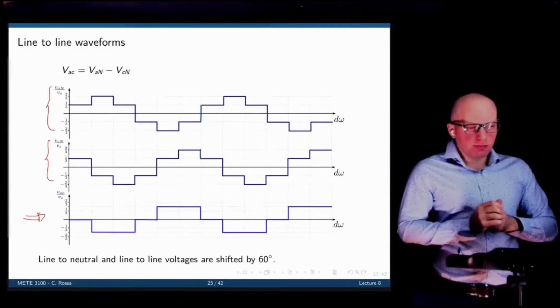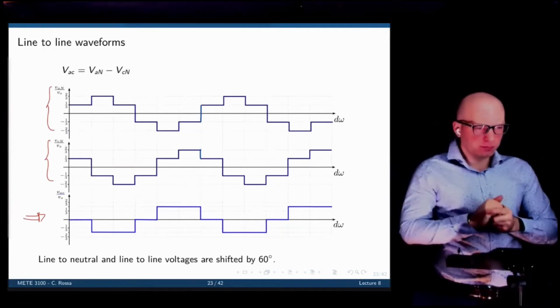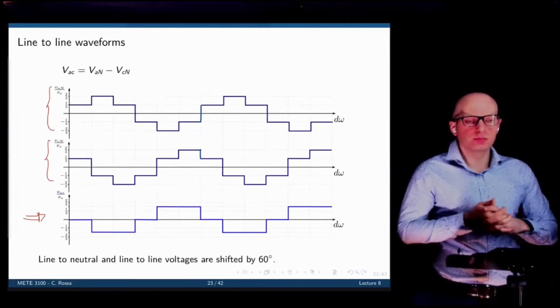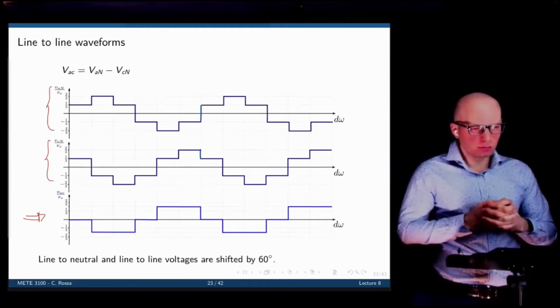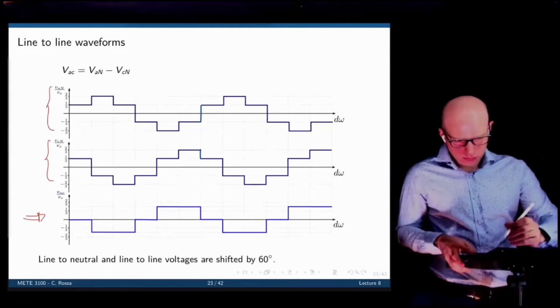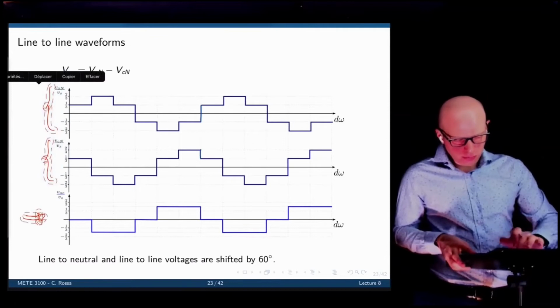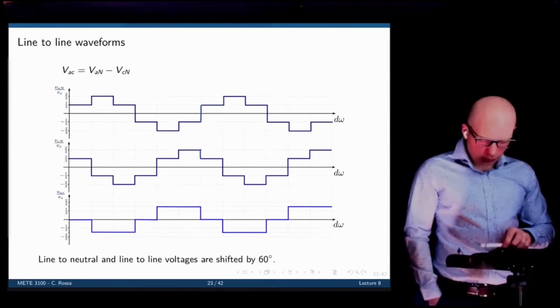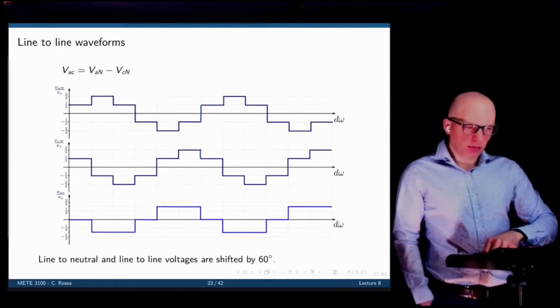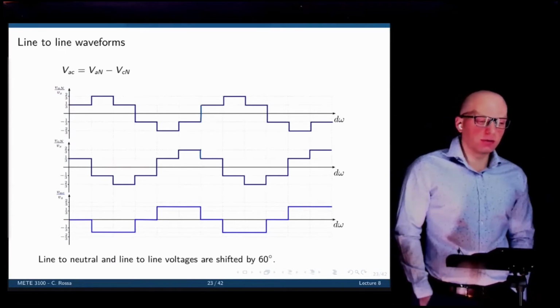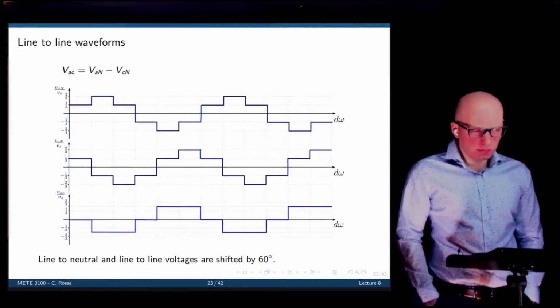Any questions before we move on? No? Sure, so can you repeat? You said the neutral to line is shifted by 60 degrees, and then what? I said that the line to neutral and line to line voltages are shifted by 60 degrees.